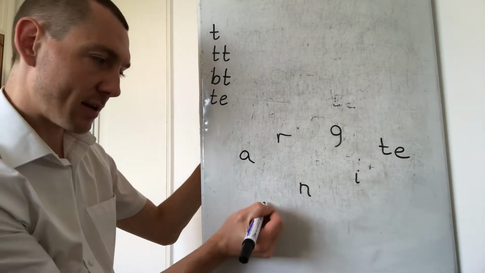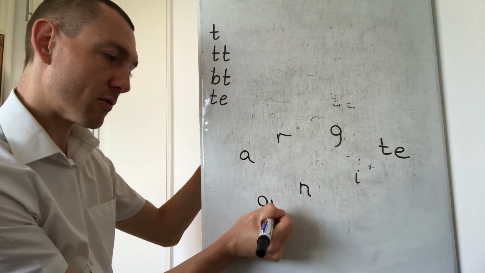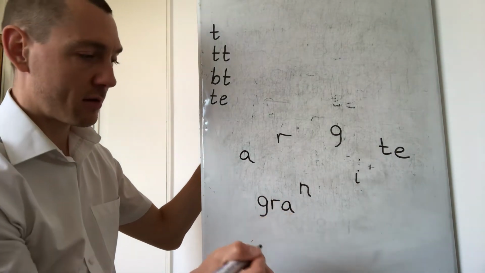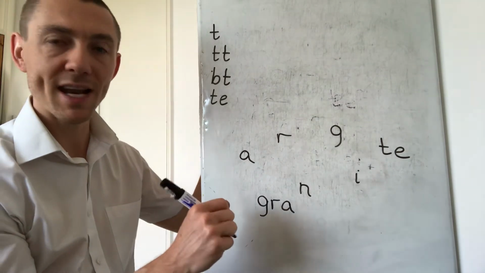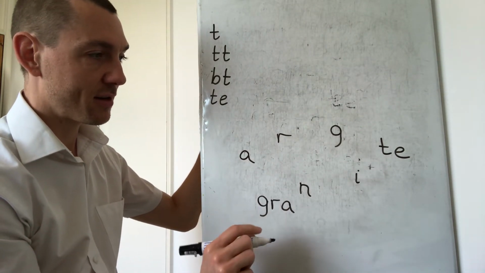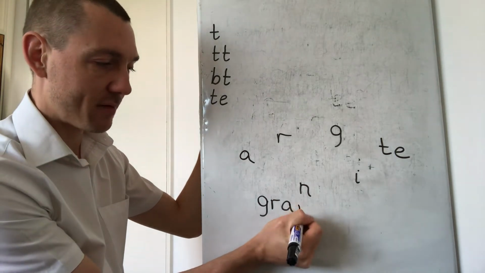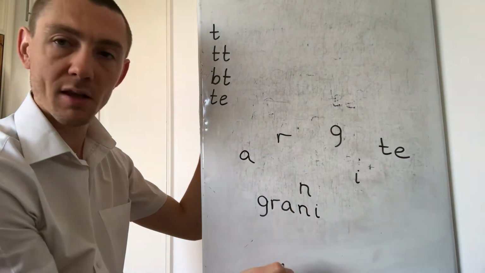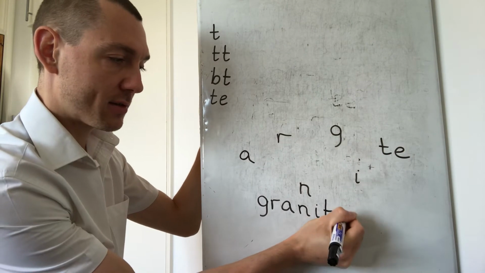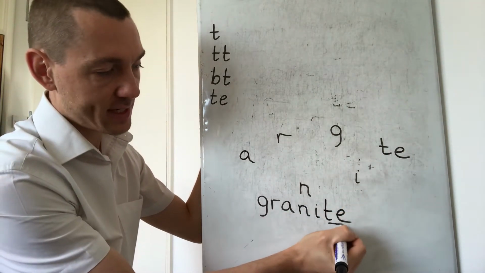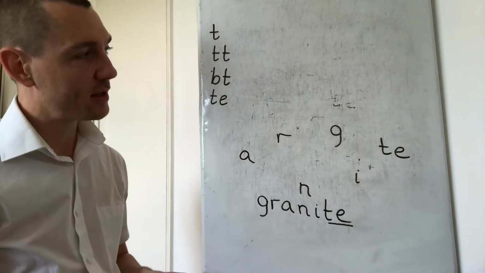Granite. Let's see, we have not granny, granite. Okay, granite, and we have here the TE spelling. Okay, good stuff.